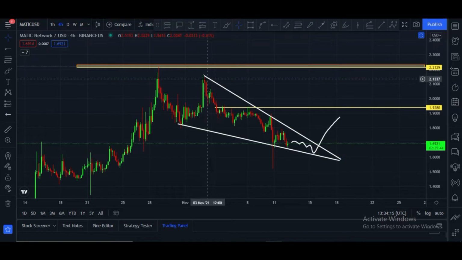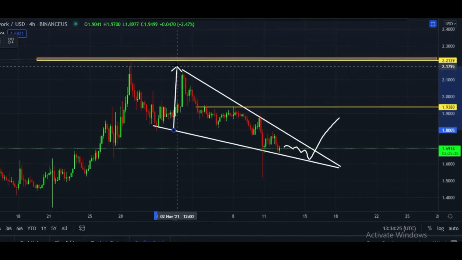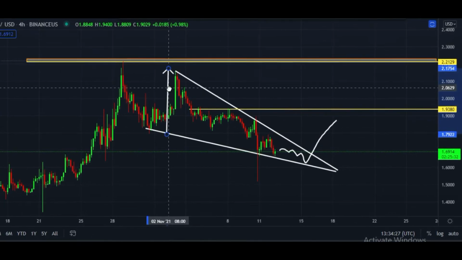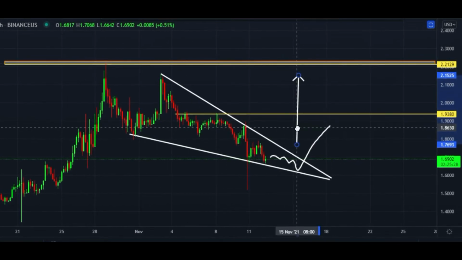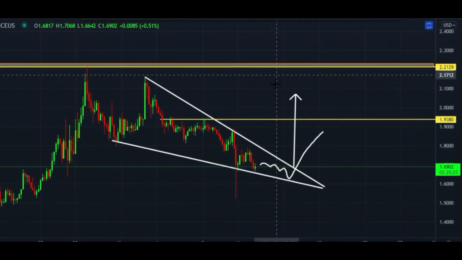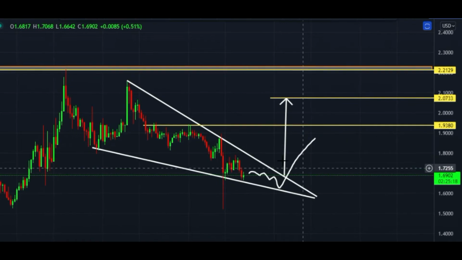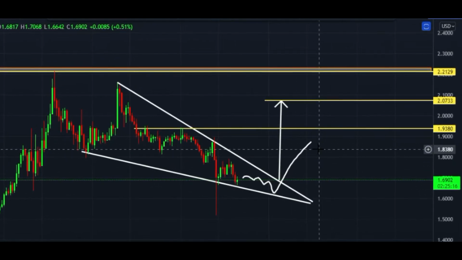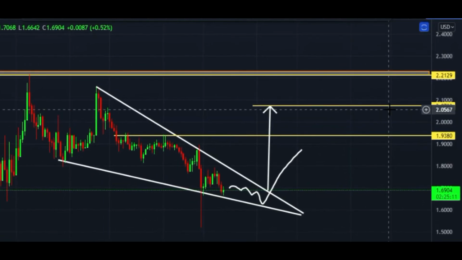To calculate this technical target, just measure the length of this area and put it at the bottom. This will be the minimum target. Our first target will be this area, $1.93. Second target is $2.07, and third target is $2.21.